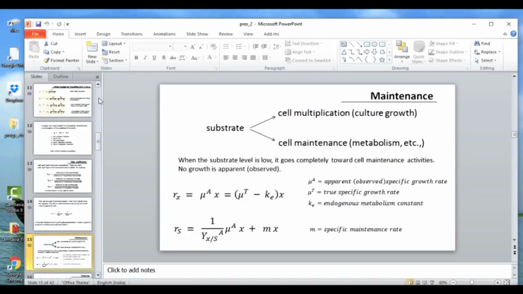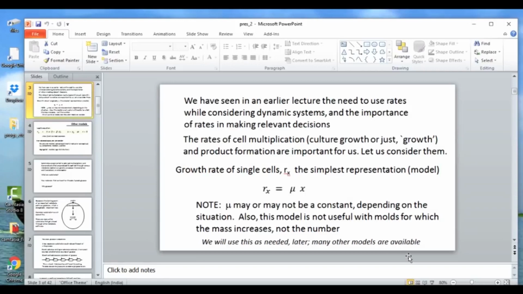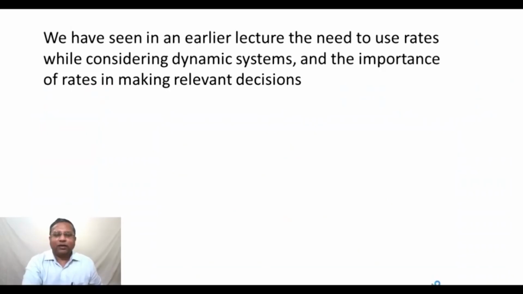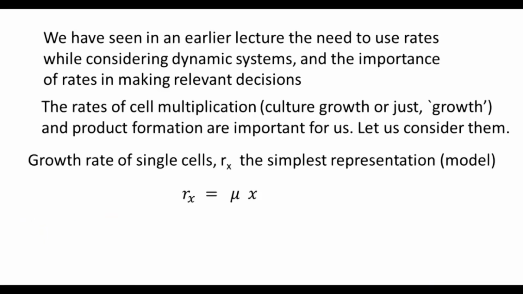we saw that the cells themselves could be products. Very quickly, let us go through what all we saw. And there could be other products that are made. We are looking at writing down expressions for rates of these, rate of growth or cell multiplication and rate of product formation.